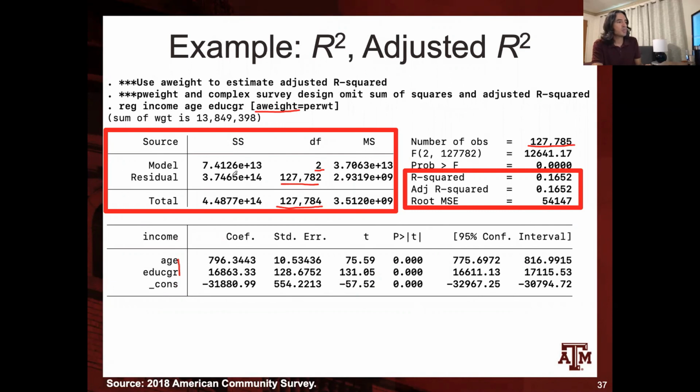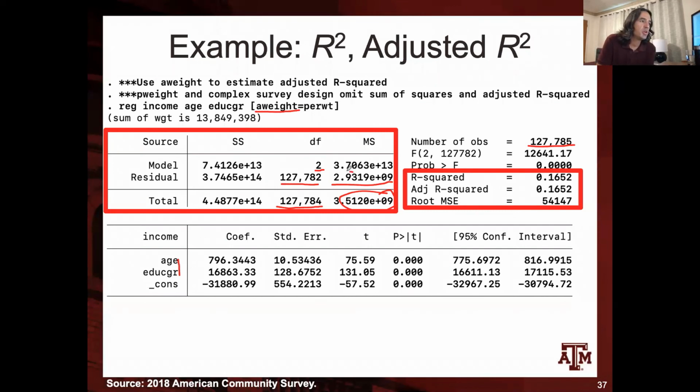This is the total sum of squares divided by the degrees of freedom. We have the mean total sum of squares. This number divided by this is the explained mean of squares. And here we have the residual mean of squares.